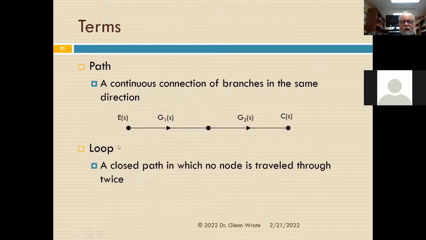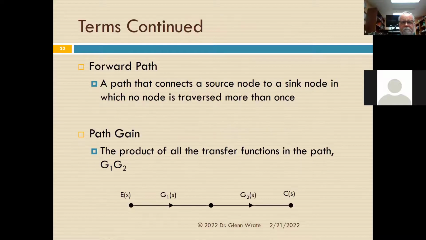A path is defined as a connection where we're starting at one point and going to a second point. The branches are continuous. A loop is a closed path, and no node is traveled through more than once. A forward path goes from a source node to a sink node, and again, no node is gone through more than once.